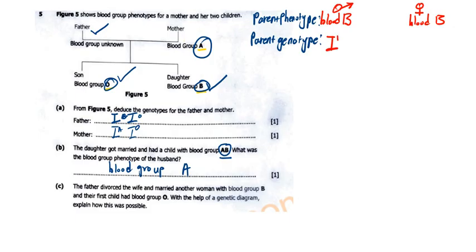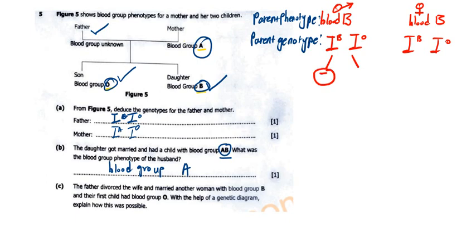So you have B, O, and also B, O, like that. And then from there, you need to have what we call gametes. Gametes are represented by the circles.